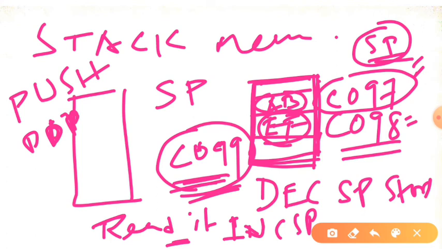But for the time being, you must understand this is the basic principle of reading and writing the stack memory. And for the time being, just remember that the call instruction stores the address of the instruction next to the call instruction in the stack memory.